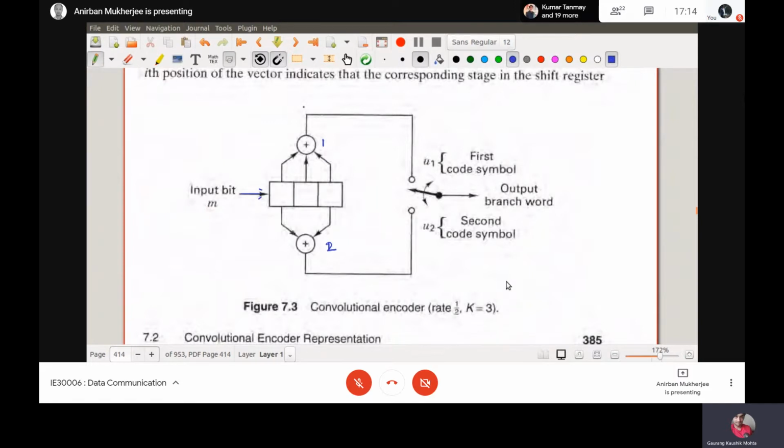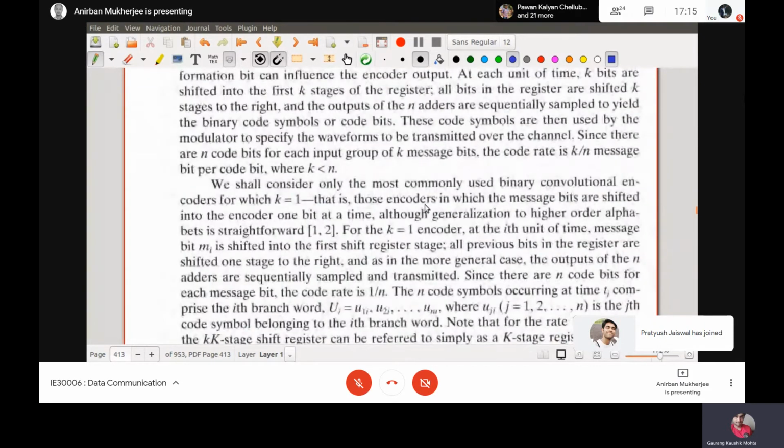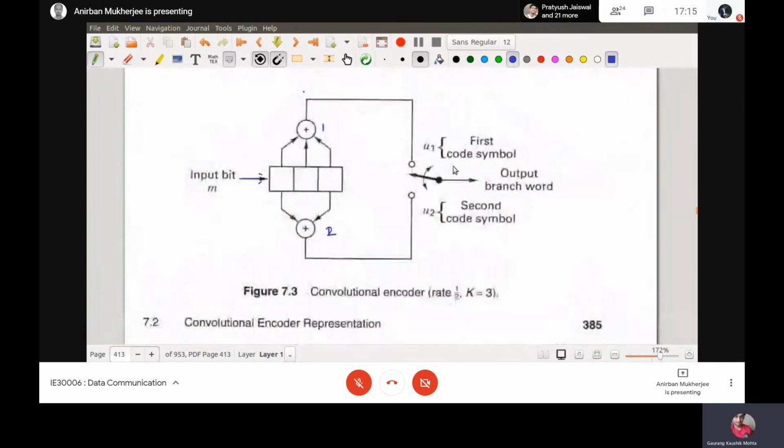If you remember, for the ith one, say I have U1i to UNi, here it is for the ith one: U1i, U2i for the ith bit.